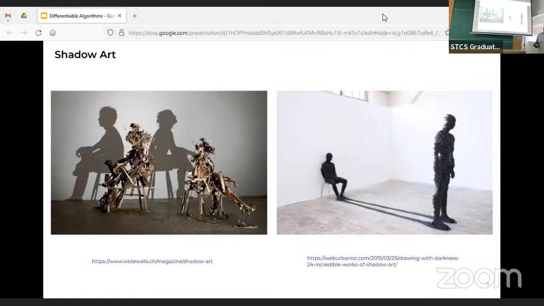So this is called shadow art, where you're using light shone upon some object to create something meaningful. And similarly, instead of placing the light source, if there's a human in the scene, if that person looks from that location, even that person would see something meaningful.